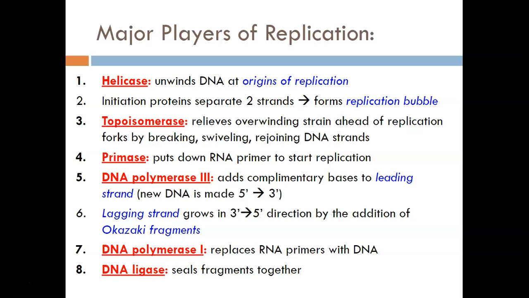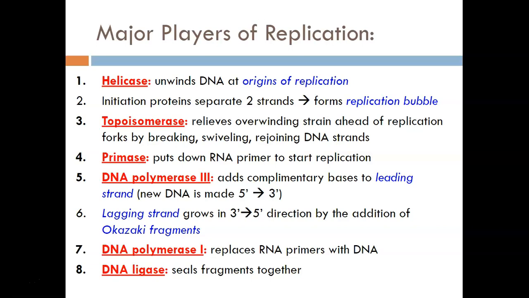Primase is the thing that primes or gets it ready for replication. Note that this is an RNA primer. So it comes and lays down a tiny piece of RNA that will then flag the next enzyme to come in. That is DNA polymerase 3. It comes in and attaches to the RNA primer.